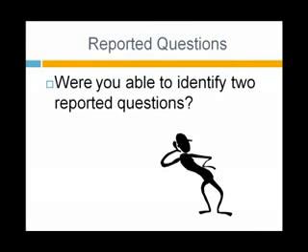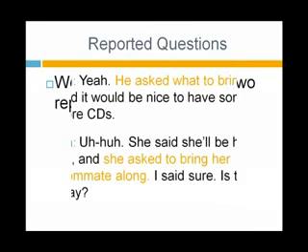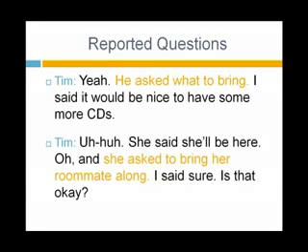Were you able to identify two reported questions? Take a close look. It was Tim who reported two questions. In the first, he reported Rob's words. He asked what to bring. In the second, he reported Lisa's words. She asked to bring her roommate along.